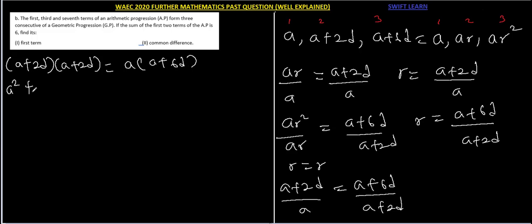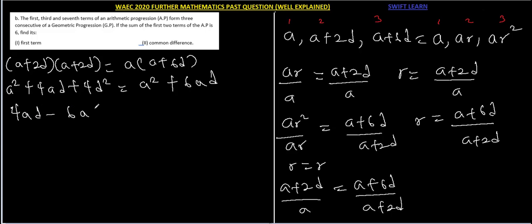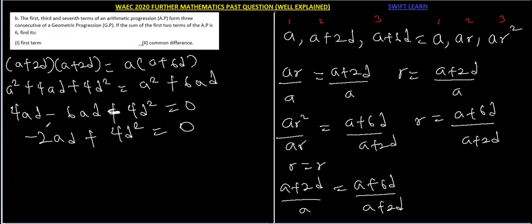So this will be a square plus 4ad plus 4d square equals a square plus 6ad. So this will cancel this, or if you minus them, this one cross by, it will minus. So you can have 4ad minus 6ad plus 4d square equals 0. So this will give you minus 2ad plus 4d square equals 0.